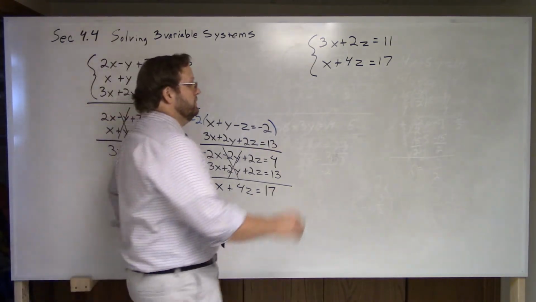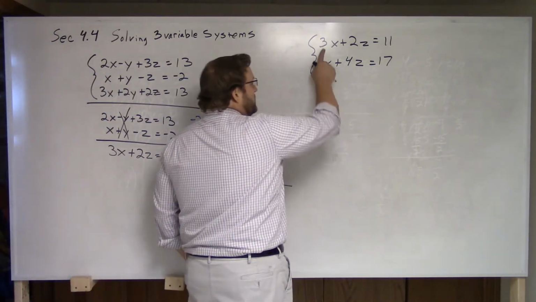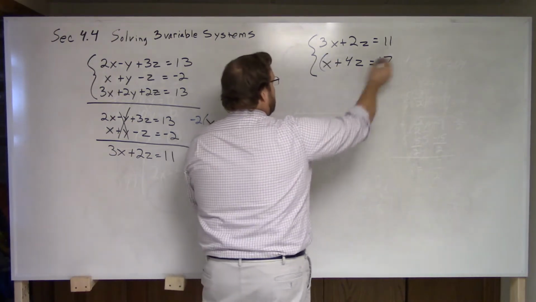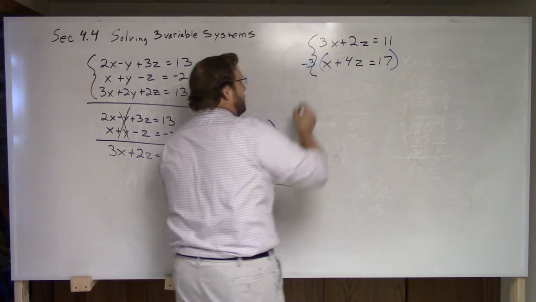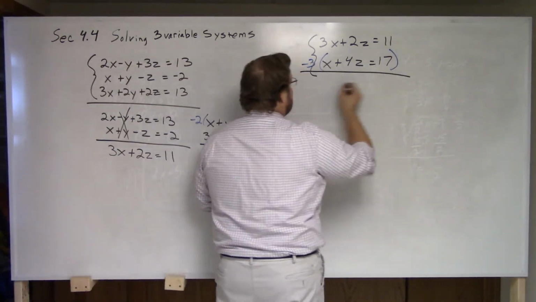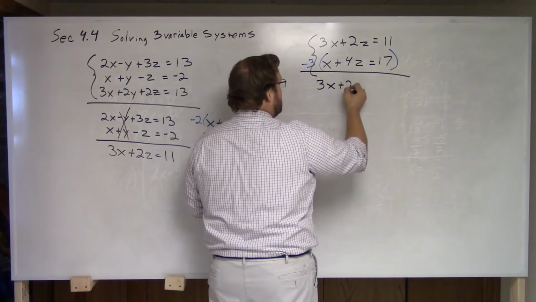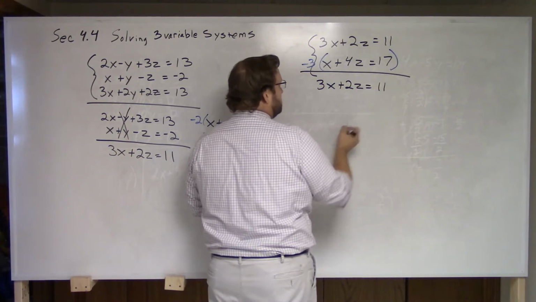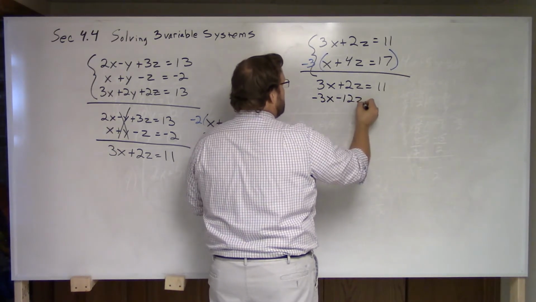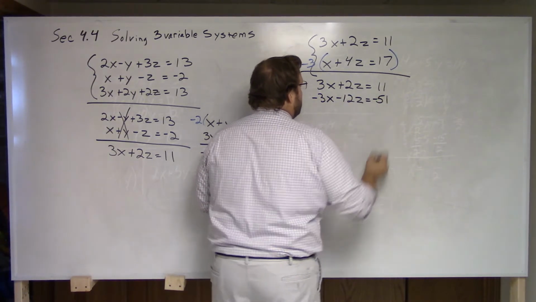Okay. Now, what I'm going to do is target these x's. So I'm going to multiply this equation by a negative 3. And what that gives me is 3x plus 2z equals 11. Then negative 3x minus 12z equals negative 51.